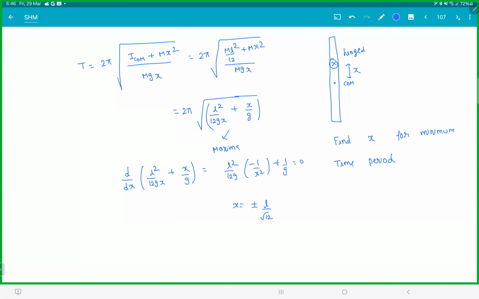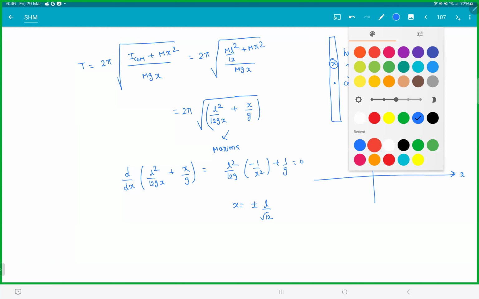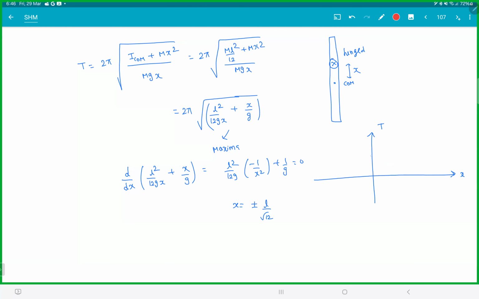Clear? So they can ask you an interesting question: plot the time period versus x graph. At 0, the graph will go to infinity.